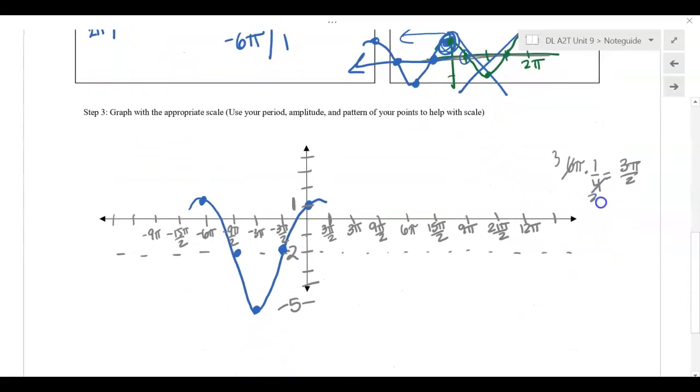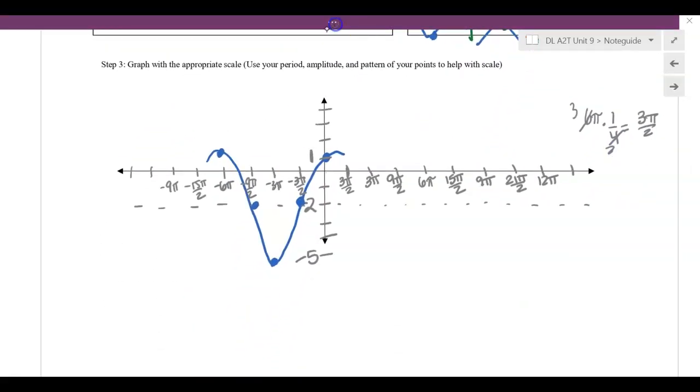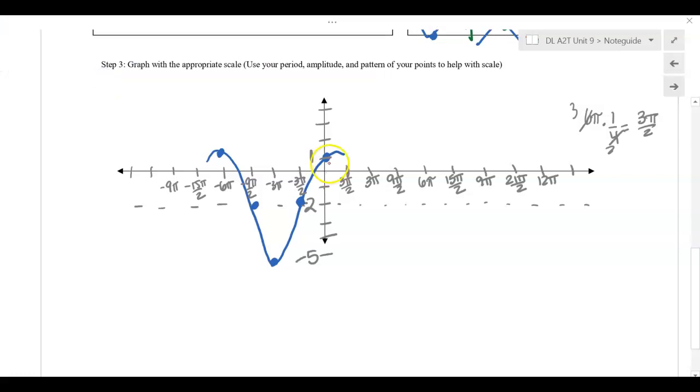And then for this function, if you were to continue this cycle, this was a maximum, you'd go back to the midline, down to the minimum, back to the midline, up to the maximum, down to the midline, back to the minimum, back to the midline, back to the maximum, and you could continue several periods of this function.